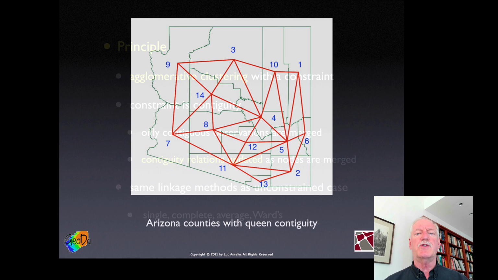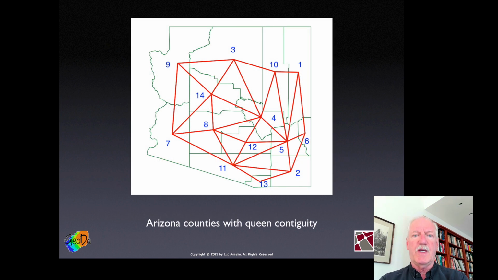To illustrate this, I will be using a different example this time. I will be using the counties of Arizona, because Arizona only has 14 counties, so it's really straightforward to illustrate. Here's the map of the counties, and the graph is a connectivity graph. It shows the counties that are connected by queen contiguity.